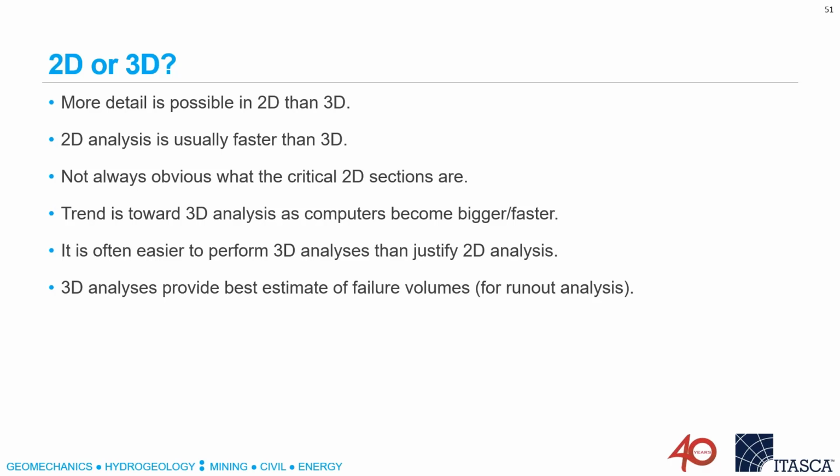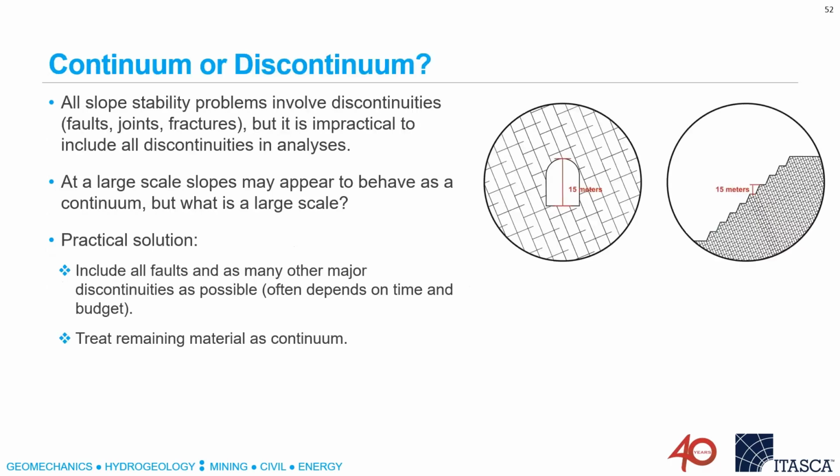And it's kind of funny, but it's often easier just to go ahead and do a 3D analysis than explain to somebody why you did a 2D analysis. Your arguments may be perfectly valid, but people are going to question the validity of a 2D assumption. And then 3D also provides good estimates of failure volumes that are important in doing runout analyses.